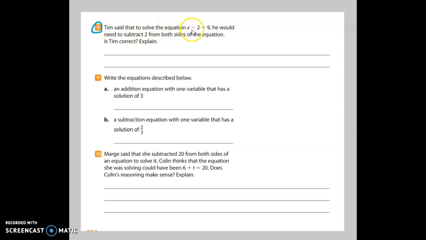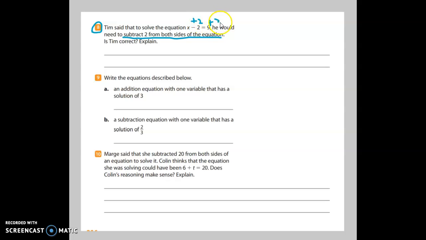Tim said that to solve the equation x minus 2 equals 9, he would need to subtract 2 from both sides of the equation. Is Tim correct? Explain. So when we look at this problem, this is already subtraction. Is subtraction the opposite of subtraction? Well, no. The opposite of subtraction would be addition. So you would add 2 to both sides.